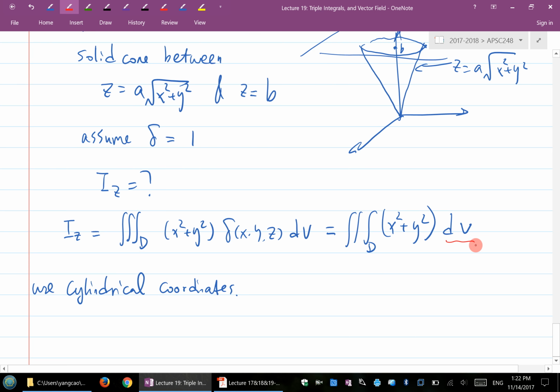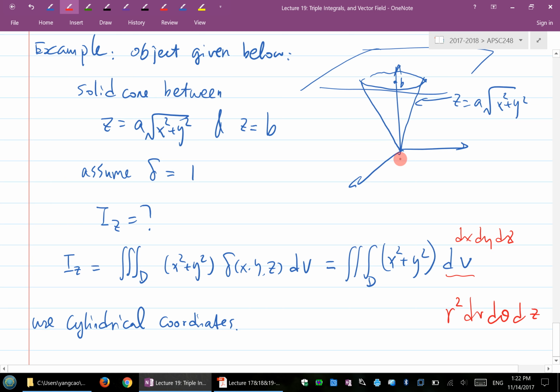The original is dx dy dz, but you're going to have to replace that with what? r dr d theta dz, isn't it? So we need to find the limits for z, r, and theta. And how do we find that?